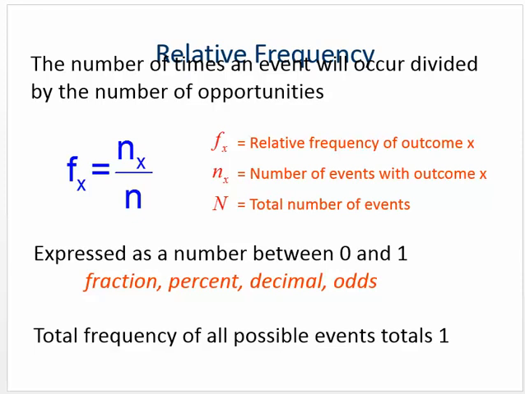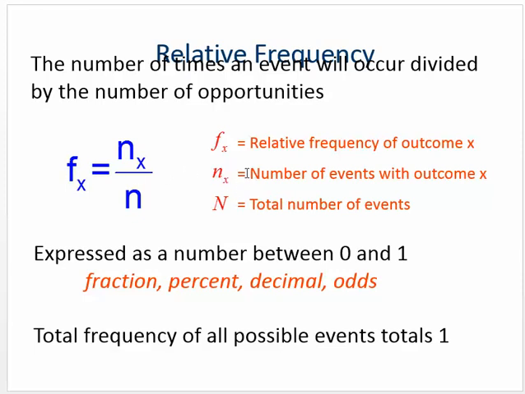Relative frequency: the number of times an event will occur divided by the number of opportunities. So the relative frequency of an outcome. What we're getting into here then is experimental probability. Relative frequency of outcome X: how often is it going to happen?